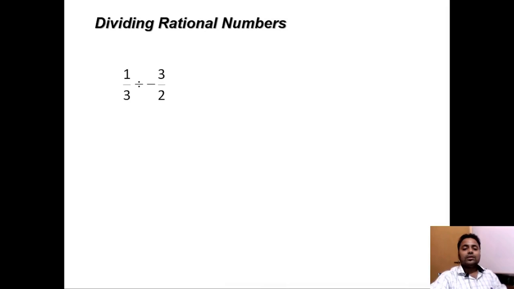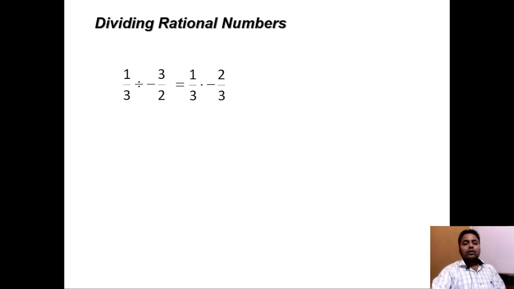Now dividing rational numbers, like 1 by 3 divided by minus 3 by 2. Here it is very important to see that if we divide 1 by 3 by minus 3 by 2, then to remove the sign of division, we multiply by the multiplicative inverse of the second term, which is minus 2 by 3.